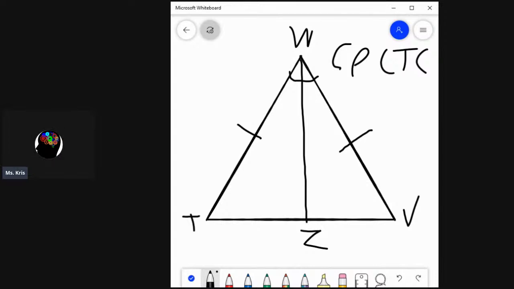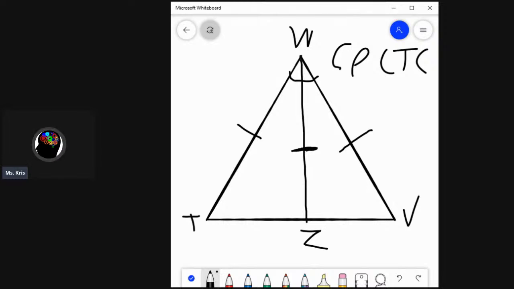Also, WZ is congruent to WZ based on what? Identity, right? Not only identity, but reflexive property. That's saying that A equals A, B equals B, so therefore ray WZ can equal ray WZ based on reflexive property. So I'm given that WT is congruent to WV.